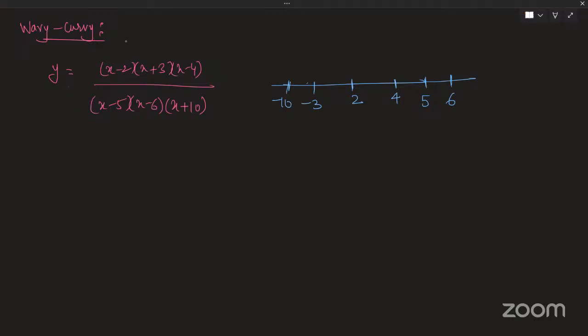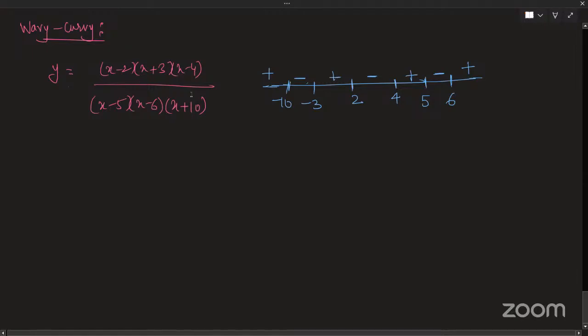Outside these brackets, have I got a negative term or a positive term? Over here, I have got 1, which is a positive number. So I start from the rightmost side with a plus. Then I do alternating signs: plus, minus, plus, minus, plus, minus, and then plus.